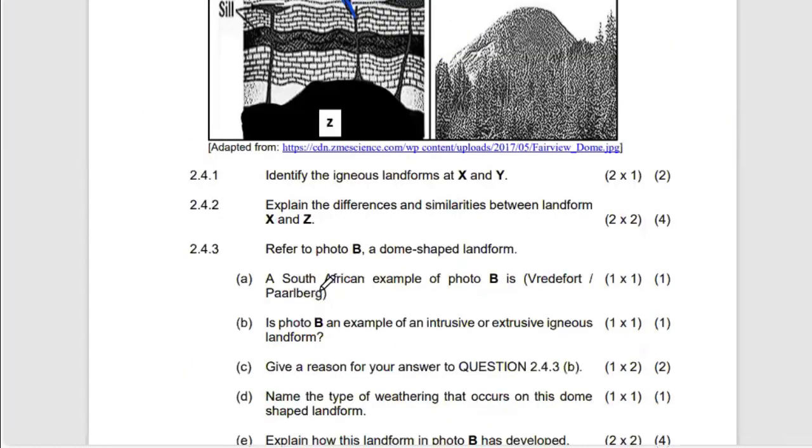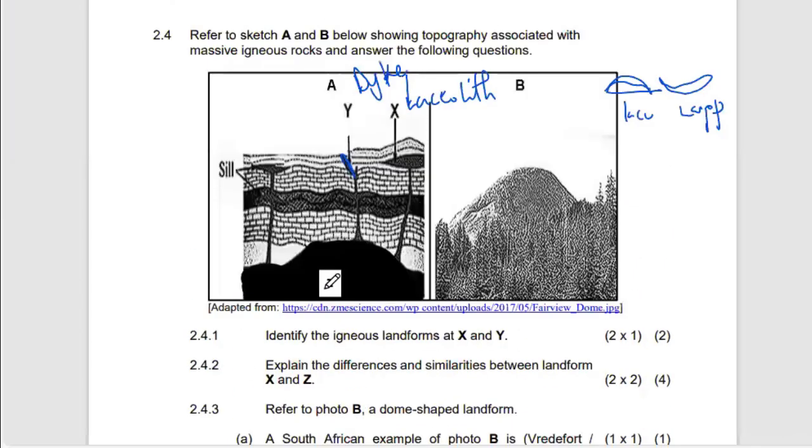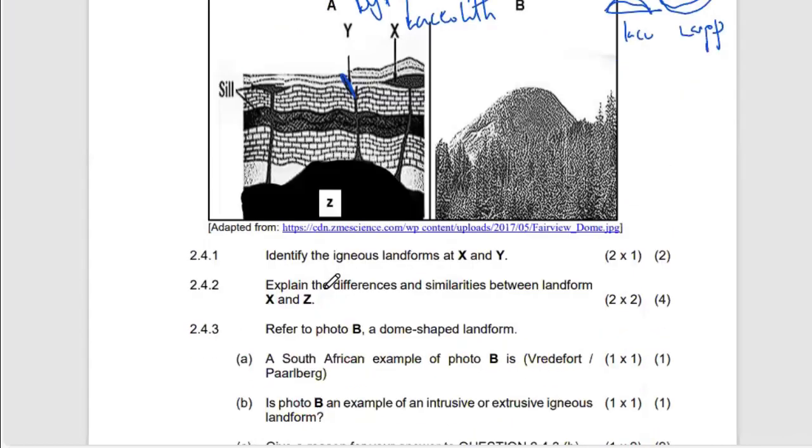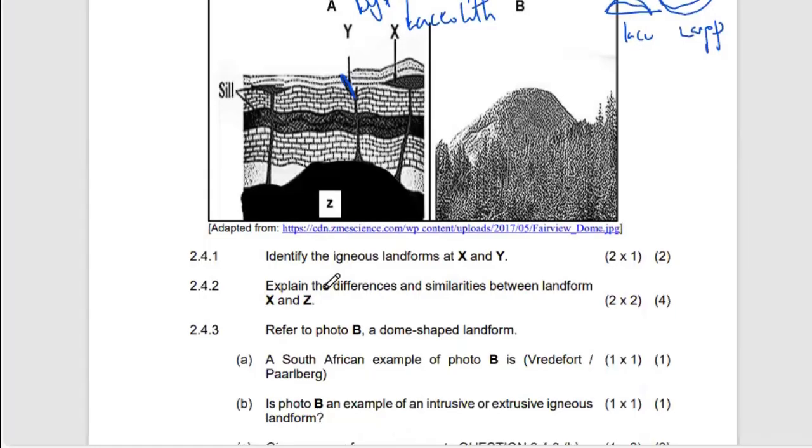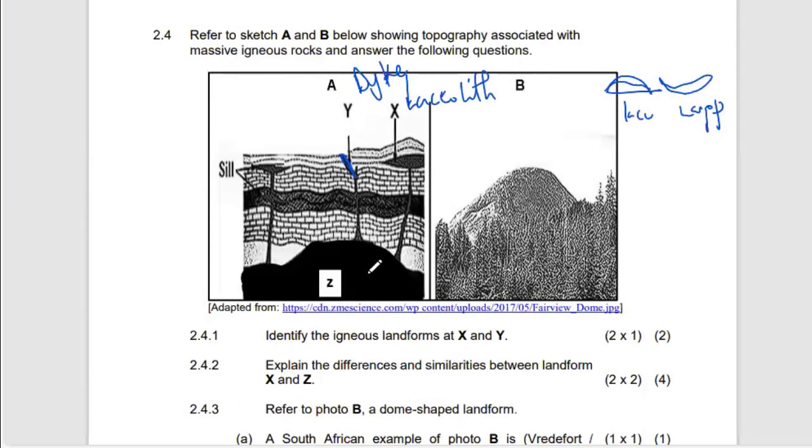Right. Explain the differences and similarities between landform X and Z. Z is this bigger landform at the bottom, and our X, you can see, is this laccolith here. So we want to figure out the differences between those two.